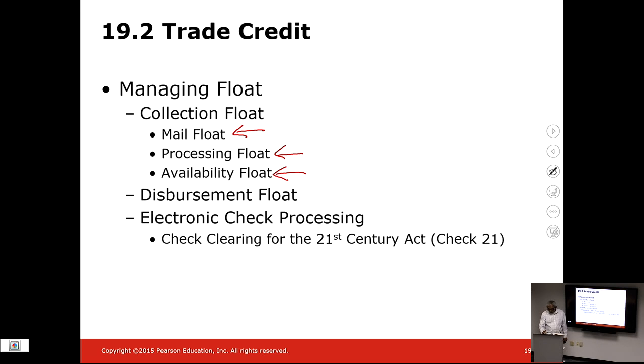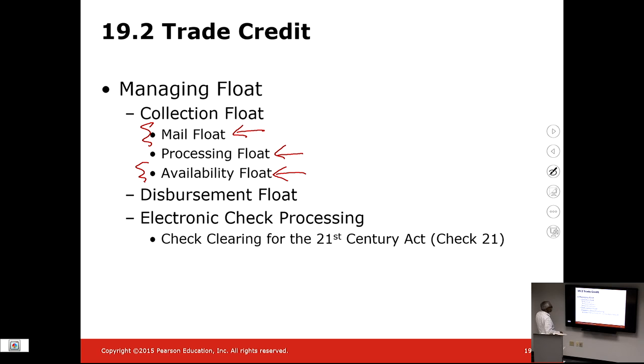Firms can employ several methods to reduce their collection and disbursement floats. They can use electronic check processing. That can significantly help. Of course, you can take away the mailing aspect of it, and also sometimes the quicker availability of that fund.